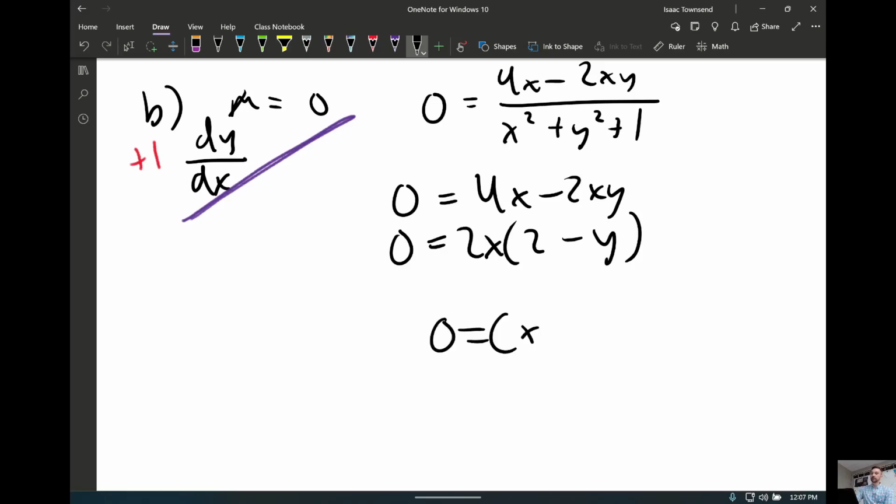If you have 0 is equal to x minus 4, x plus 4, you just set this equal to 0 to get an answer and set this equal to 0 and get an answer, right? So here, we can set this equal to 0 and solve, and set this equal to 0 and solve. So that would be 2. So when x is 0 and when y is 2, the derivative is 0. That's where the derivative equals 0.